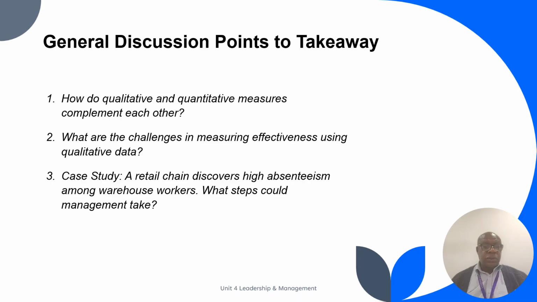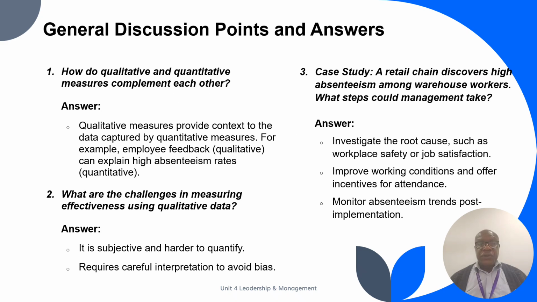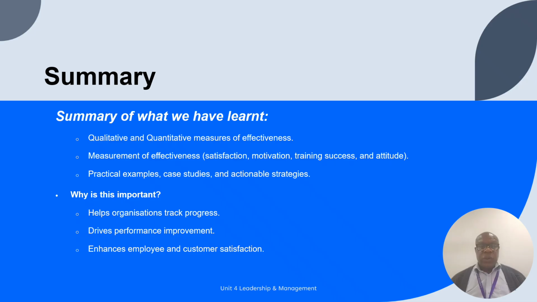What steps could management take to avert and correct this? So that is our final question. I'd like you to look at this as homework, but I have answers here for you to look at at some point. But before you look at it, see if you have your own answers before you look at these model answers here, okay? So that's what we've covered so far.